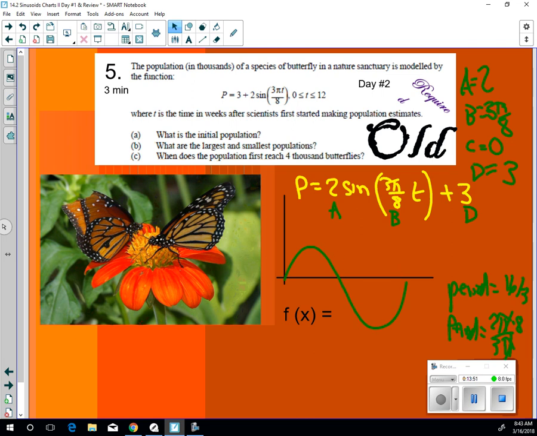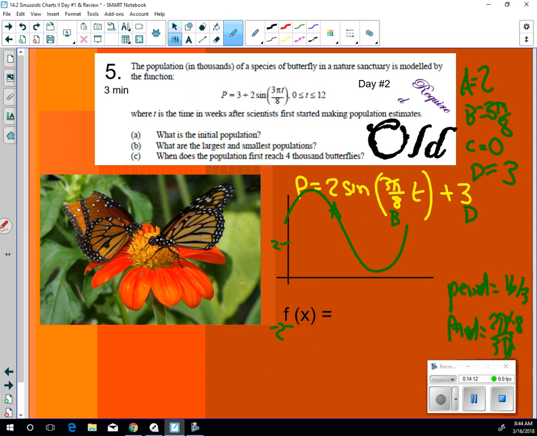And then we're going to move this. We'll do that up part later. This goes up to 2, down to -2. And then we're going to move this whole thing up 3. So this is going to be kind of nice. This is going to be from 1 up to 5, right?